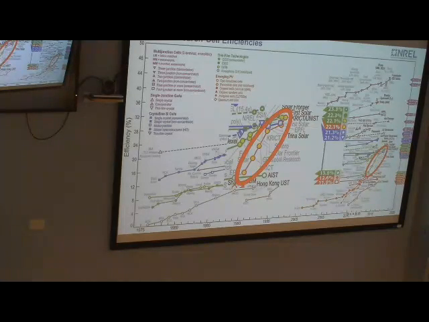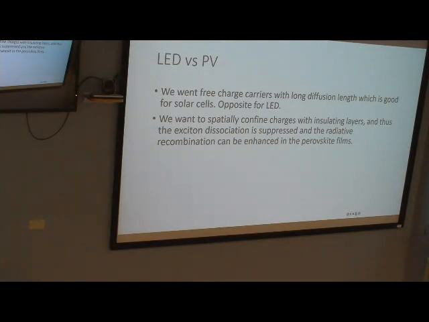And just don't ever forget, I know the purpose of my talk is about light emitting diodes, but they also have an emerging presence in the world of photovoltaics. But so what is the difference between both of them? For solar cells, we want free charge carriers with a long diffusion length.